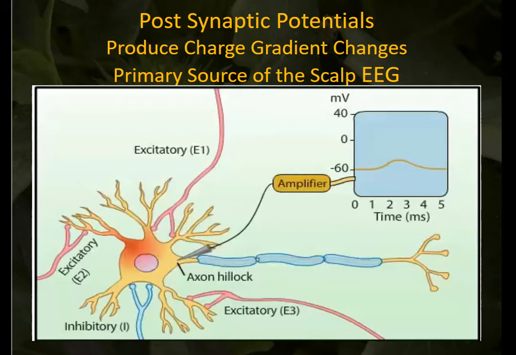Therefore, the postsynaptic potentials from more distant synapses will decay more than PSPs from synapses closer to the integration zone at the axon hillock. The postsynaptic potentials produced at most synapses are usually well below the threshold for generating action potentials. How then can synapses transmit information if their postsynaptic potentials are subthreshold?